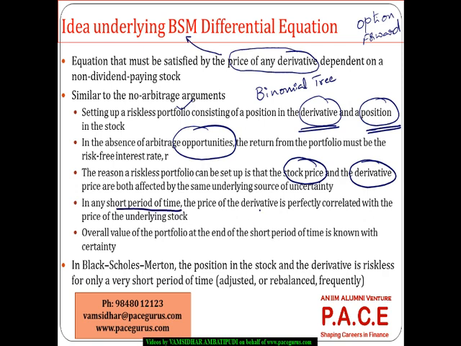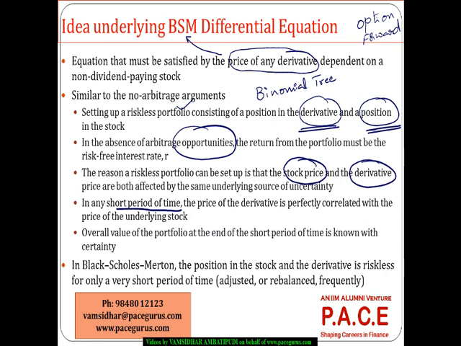Both are affected by the same underlying source of uncertainty, and that's the reason there is a chance of perfect correlation between the two instruments, at least on a short-term basis. And because we have set up a riskless portfolio, at the end of that short time period, the value of the portfolio is known with certainty.